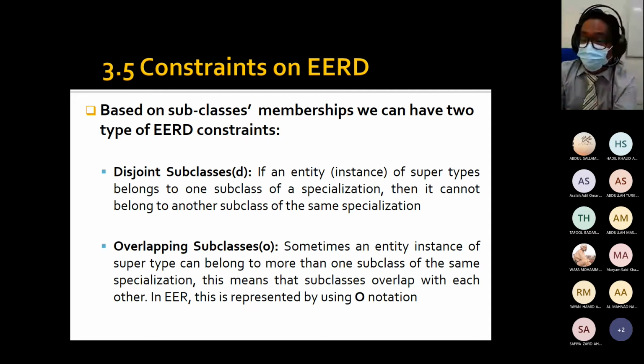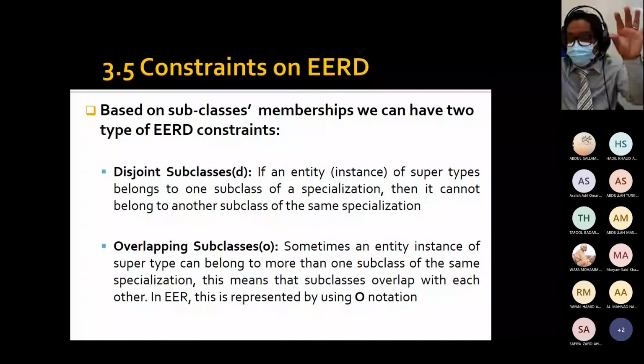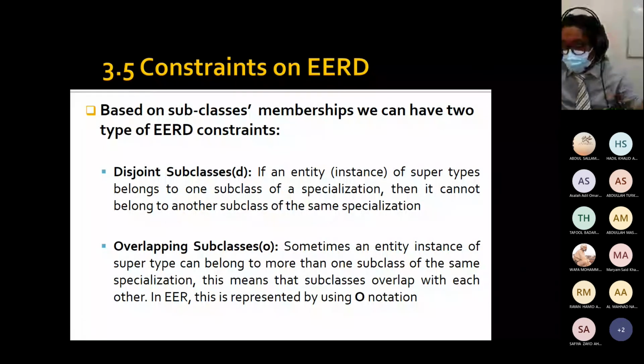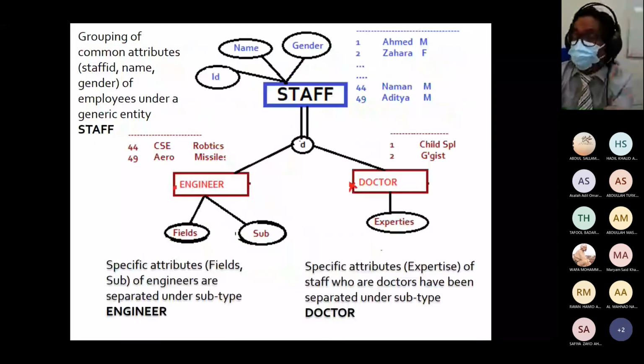Sometimes an entity from the top, the superclass, belongs to more than one subclass at the same time at the bottom, in the lower class, which is split or divided into specializations, and the subclasses might overlap each other. We haven't seen any example like that yet, but definitely the majority of my examples are all disjoint. I hope you understand me.